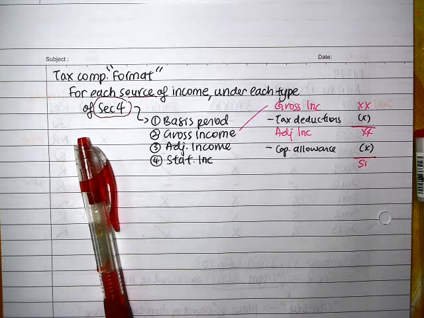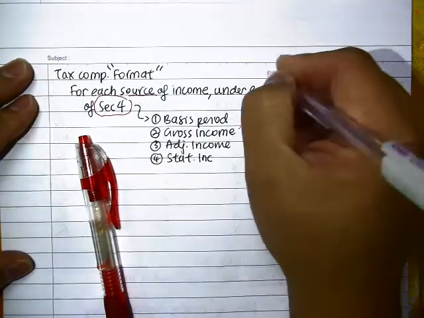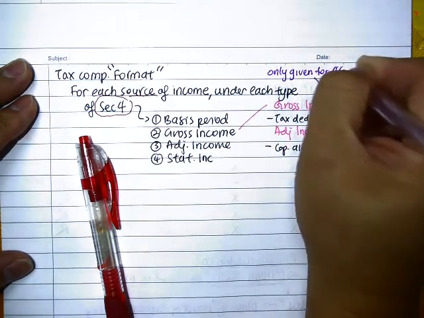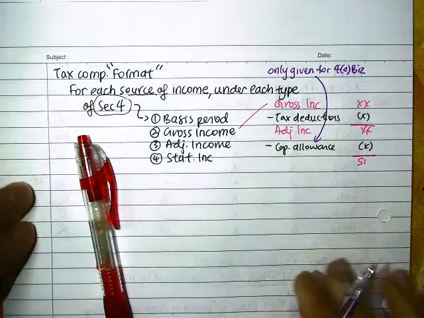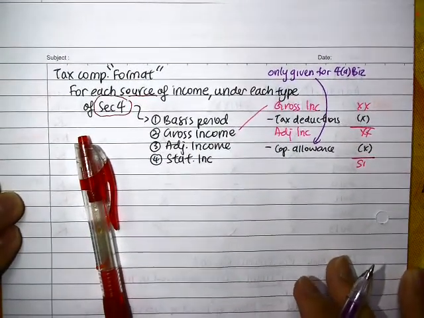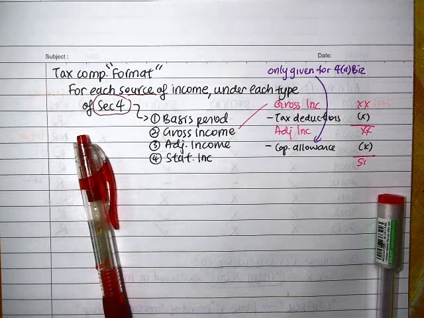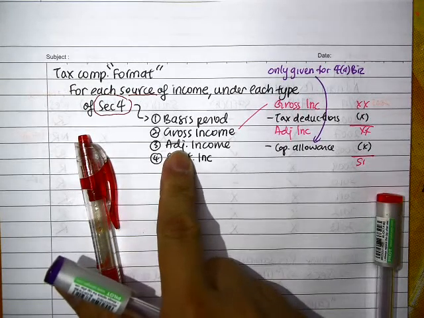We only give CA for business income. So in the event you have any income that is non-business in nature, for example employment, you get no CA. Dividend, interest, no CA. Rental, no CA. So when you look at those incomes where allowance is not given, by the time you reach adjusted, you already get the statutory.